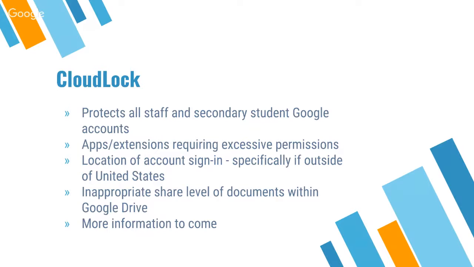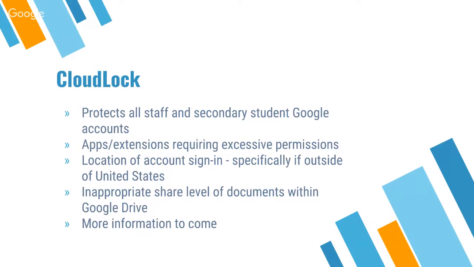First off, it's looking for apps and extensions on your account requiring excessive permissions. It has a database similar to how antivirus software would keep definitions of malware or of viruses. And it uses a rating system and lets us know if a user has installed an app or an extension that might possibly require more permissions than it really needs to do its job. So it's sending reports on that.